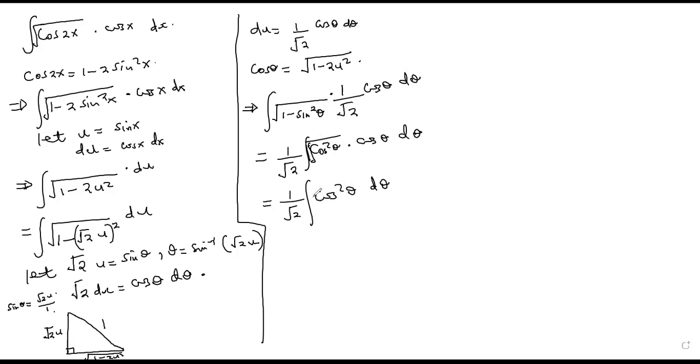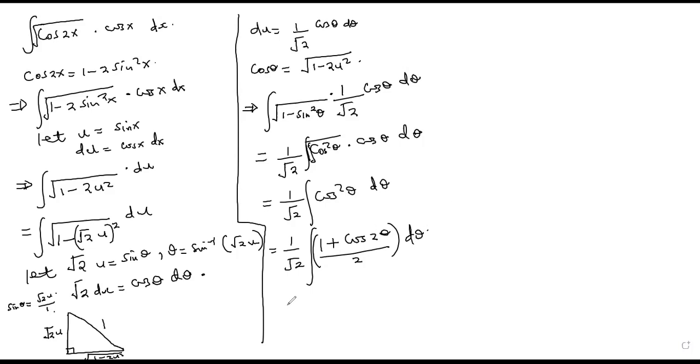So here we looked at how to integrate even powers. So this is the same as 1 over root 2. If it is an even power, we bring in the double angles, because cos squared theta is the same as 1 plus cos 2 theta over 2, d theta.